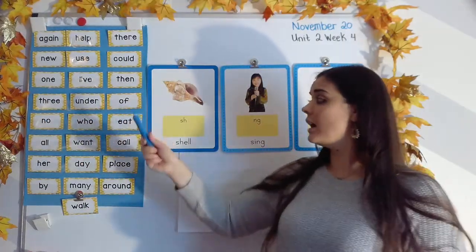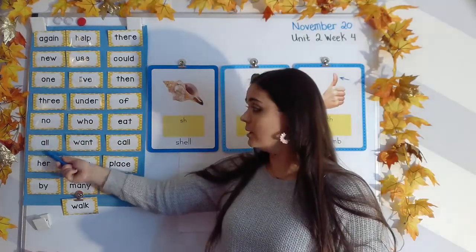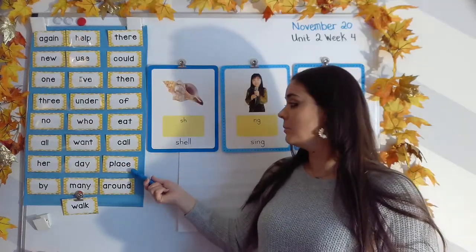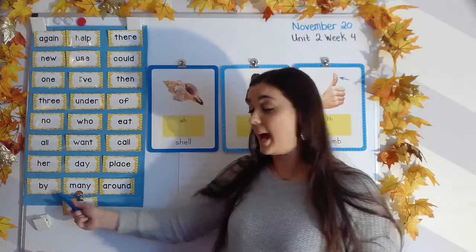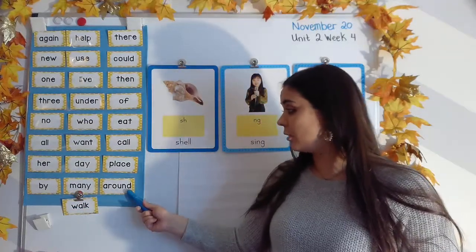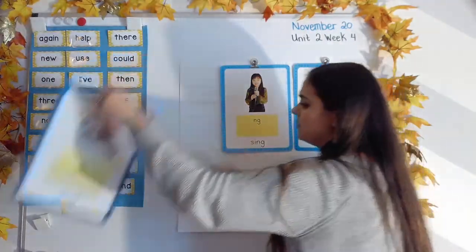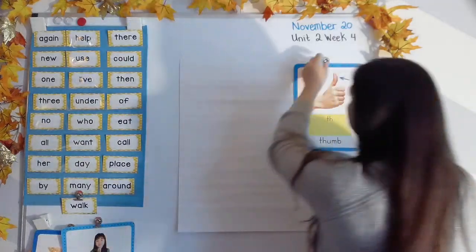Under, of, eat, who, know, all, want, call, place, day, her, by, many, around, and walk. Wonderful. I see a lot of people who've been participating, and it shows because they really own those words.